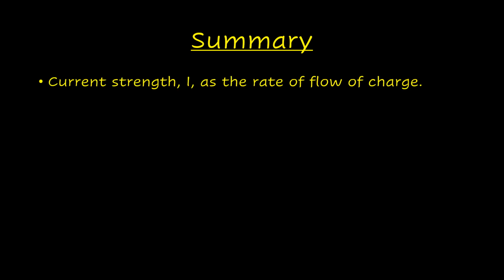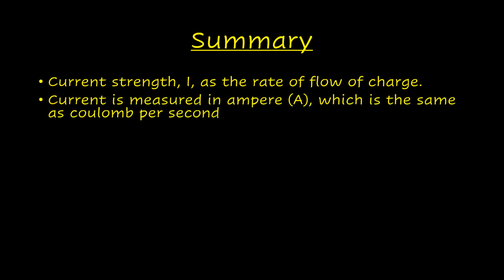We have come to the end of the second lesson on electric circuits. We have defined the current as the rate of flow of charge. Current is measured in amperes, and in symbols, the current is given as I equals Q divided by delta T, or the current I equals the charge divided by the change in time.